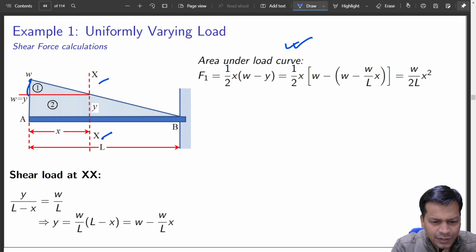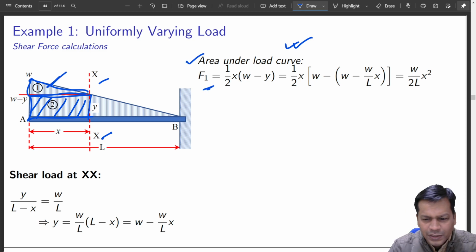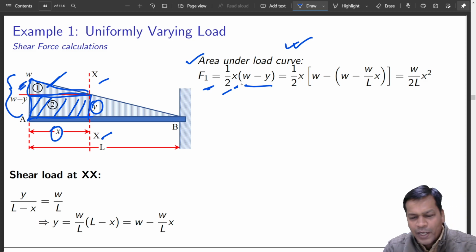First is the area of this, second is the area of this. F1 is the area under the load curve, this one. So it is 1 by 2, base is X, into altitude W minus Y. If this end is W and this end is Y, this is W minus Y.